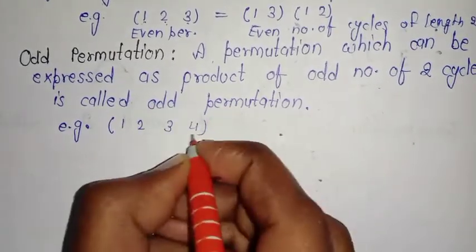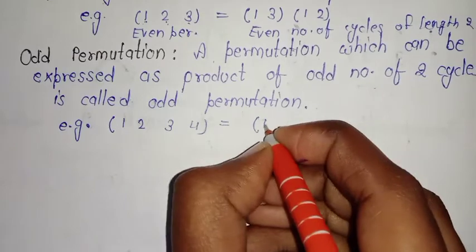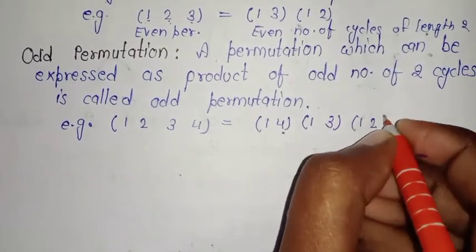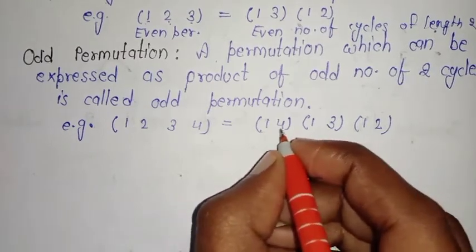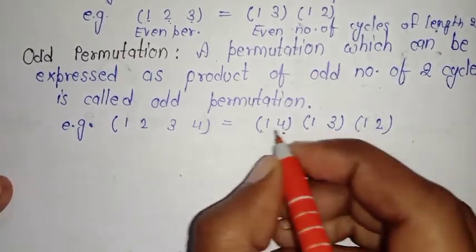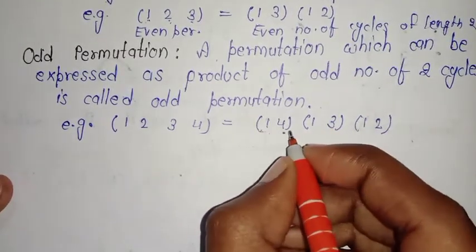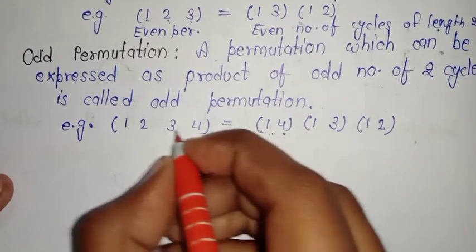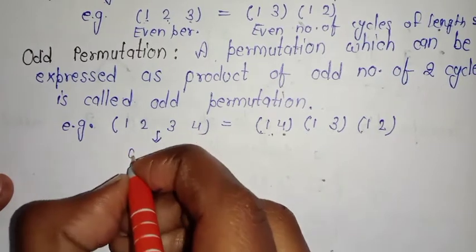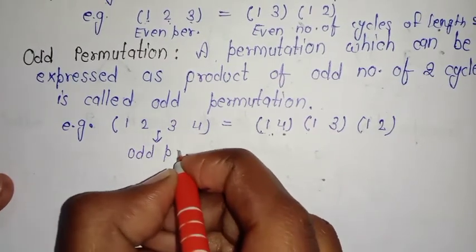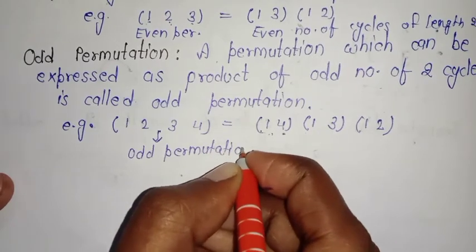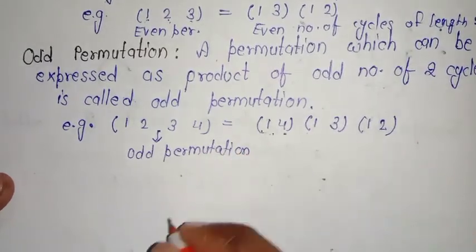This is a cycle of length 4. I can write it as (1, 4)(1, 3)(1, 2). Now these are cycles of length 2, and there are three of them here. So an odd number of cycles are present. So this permutation is an odd permutation, because this can be expressed as the product of an odd number of cycles of length 2.